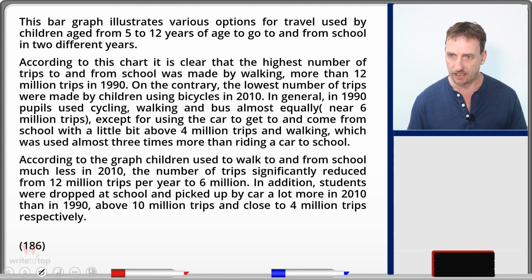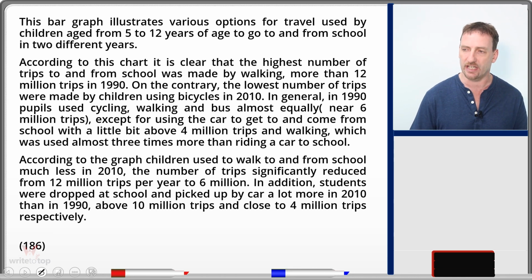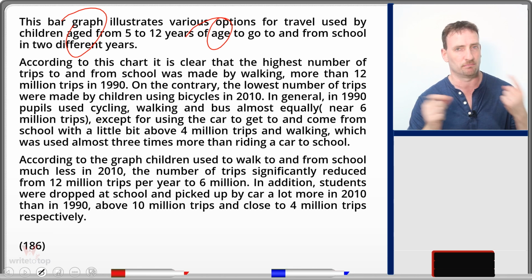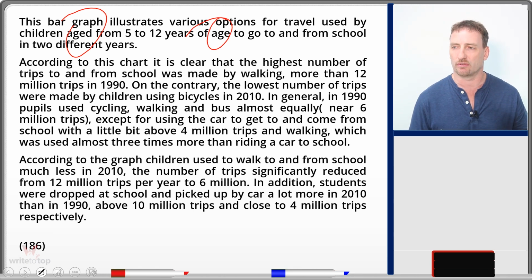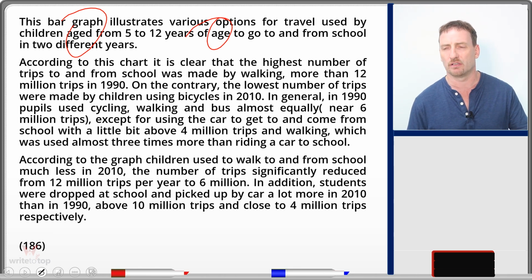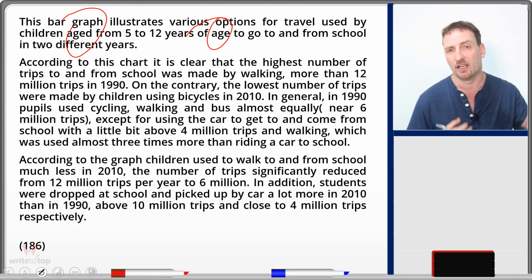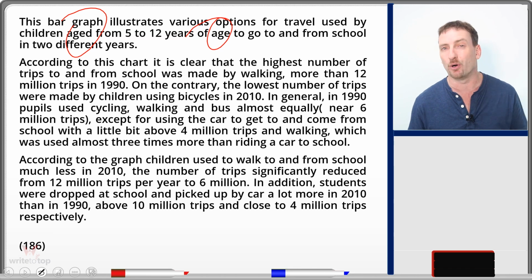186 words, so good length. Let's see what's missing. So the bar graph, this bar graph illustrates various options for travel used by children aged from 5 to 12 years of age. So right away, aged, of age, same thing. Make sure you don't repeat. Also, options for travel, like to the beach or to the city, or the ways of traveling or the modes of transport, not options for travel.